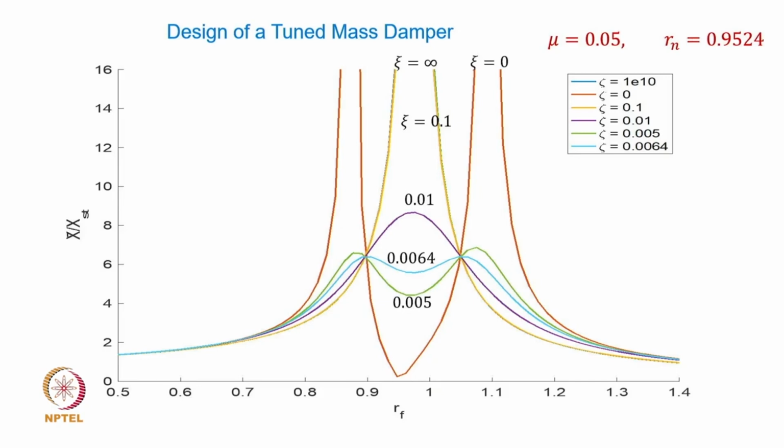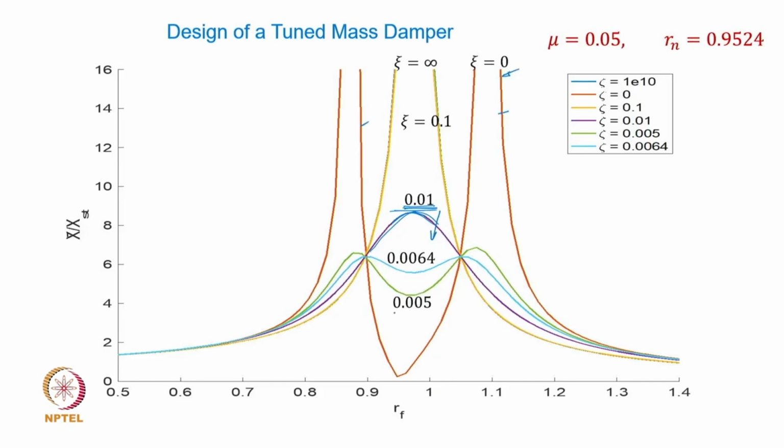If you really look at how a larger damping is going to give me, a larger damping is going to increase the amplitude to this level, and as I keep on reducing the damping ratio, the extreme, as I said, is zeta equal to 0. It gives you these two new resonances.